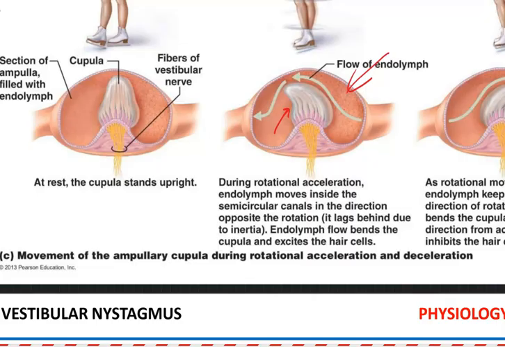In the case of static equilibrium, it's because otolith membrane is heavy and kind of bends, like moves the stereocilia backwards. In case of semicircular ducts, it's because endolymph, the fluid that fills up the semicircular duct, bends ampullary cupula and deflects the stereocilia. Okay?